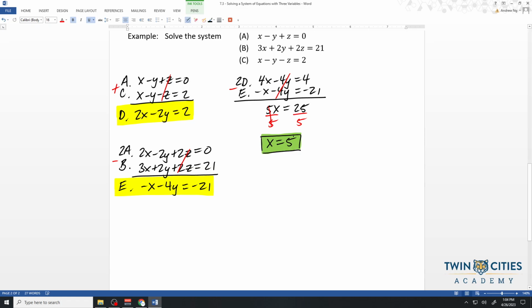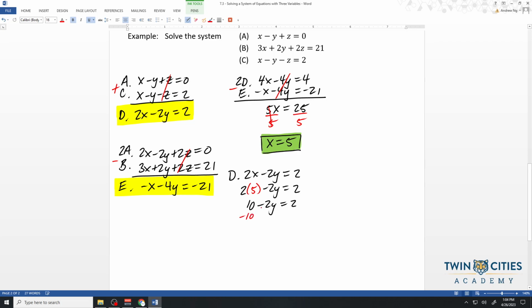All right, once you solve for one of the variables, go back to one of the highlighted equations and plug it in. So if I go to equation D, which is 2x minus 2y equals 2, I can plug in x equals 5. 2 times 5 minus 2y is equal to 2. So this will be 10 minus 2y is equal to 2.